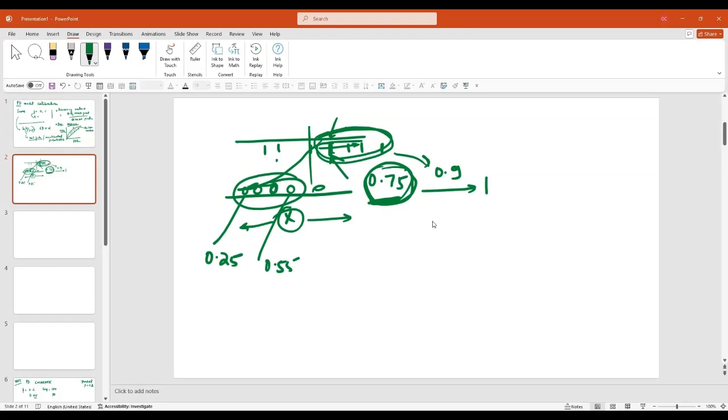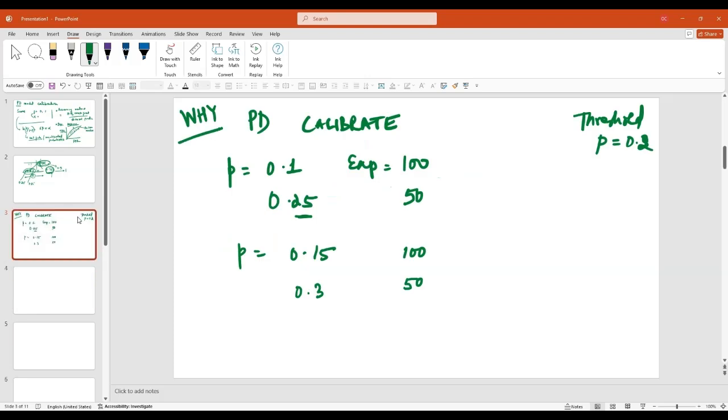So now what do we do in case we want to also reflect on the model output in terms of its predicted probabilities? And why this might be important is, I have a hypothetical example here. So let's say you built a PD model where the PD came out to be 0.1 and 0.25 for two cases.